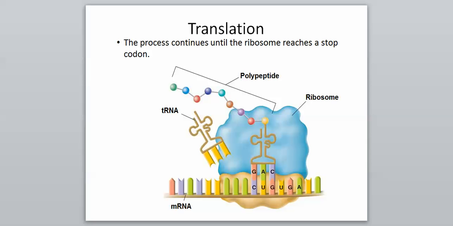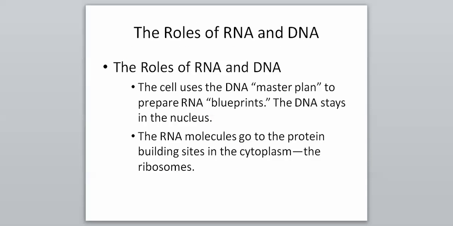Our last slides for this section are some roles of RNA and DNA, which will be a little bit of review. The first part is that the cell uses the DNA master plan to prepare RNA blueprints. The DNA is kind of the brain, and it makes blueprints in the form of RNA, because our DNA stays in the nucleus.